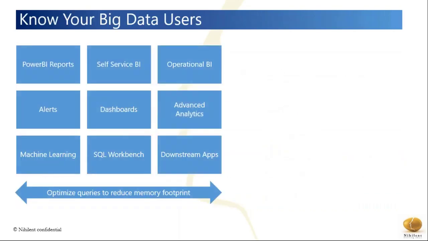The next thing is, you remember earlier in this presentation I was talking about why it is important to know your data in the first place. I think equally important is to know how your big data is going to be used. Who are your users? When I say users, what I mean is how are they going to use your data? Are they going to use it for self-service BI, or are there some people who want to use it for operational BI?